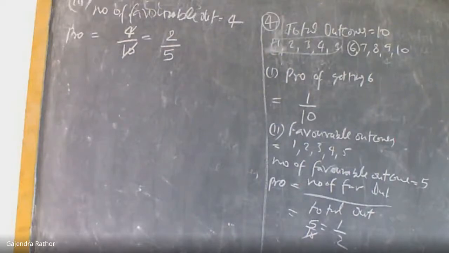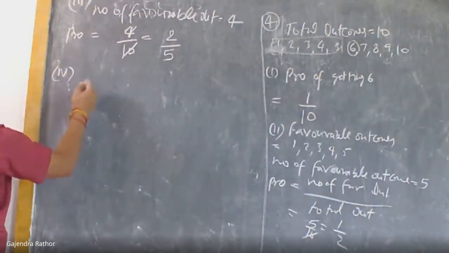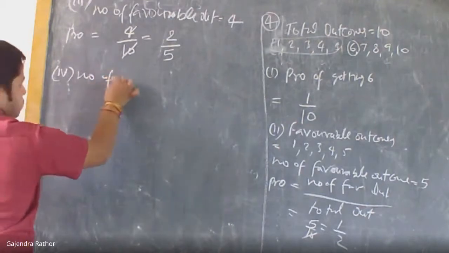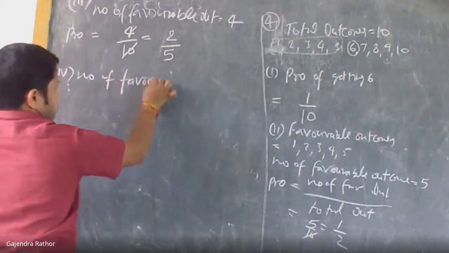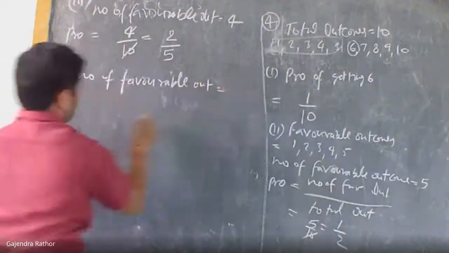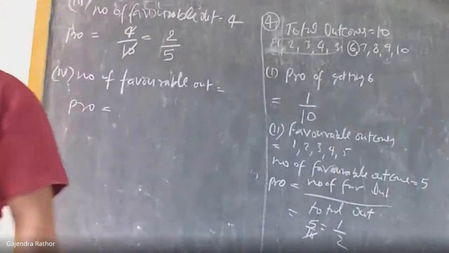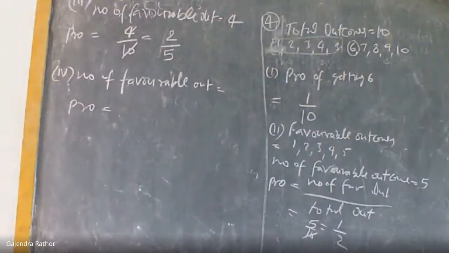Now the last point, getting a 1-digit number. Now all of you find the probability of getting a 1-digit number. How many numbers are present in this question with 1 digit only?